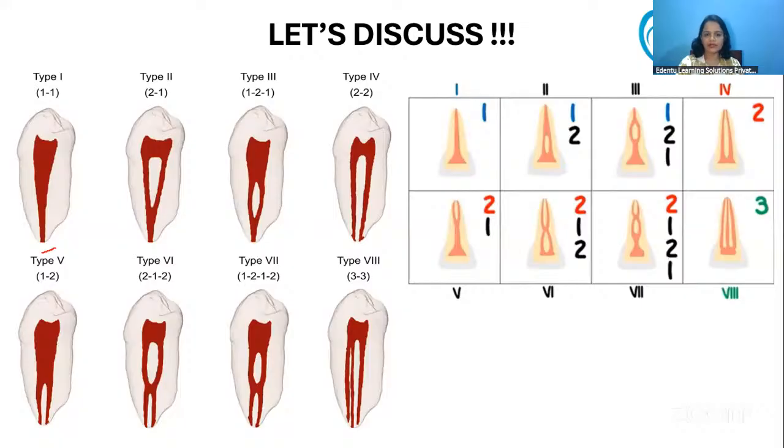So you can draw a table like this for easy identification of this pulp canal morphology. Type 1 will be 1 canal, type 4 will be 2 canals, and type 8 will be 3 canals. Just write this along, and add the other types with 1, 2, and 1.